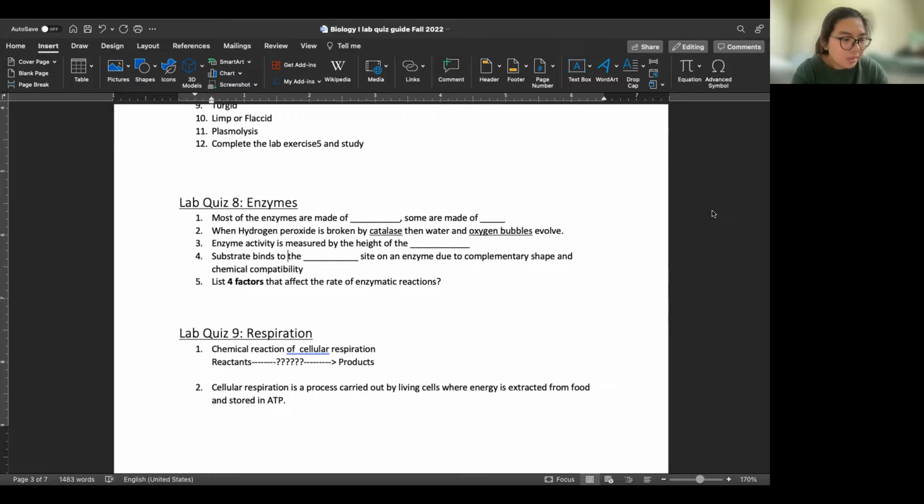Number 1, most of the enzymes are made of proteins. Some are made of RNA. Very good. Sheila? Let's see. Number 2, when hydrogen peroxide is broken by a catalyst, then water and oxygen bubbles evolve. Okay. What is catalase here? Just write it in here. Are you asking me? Sorry.